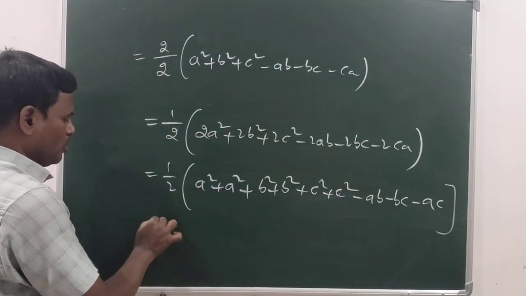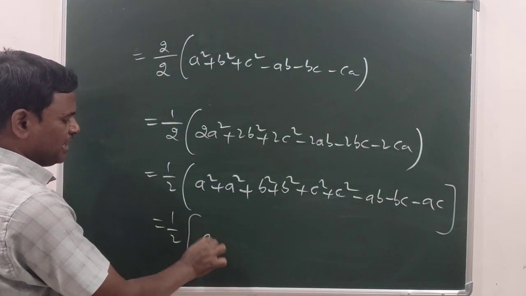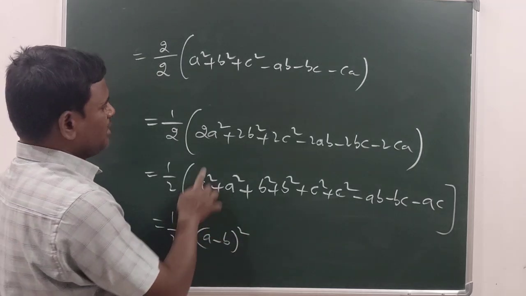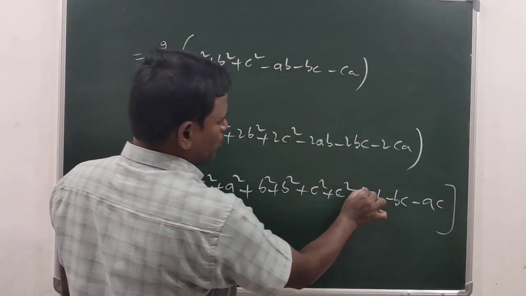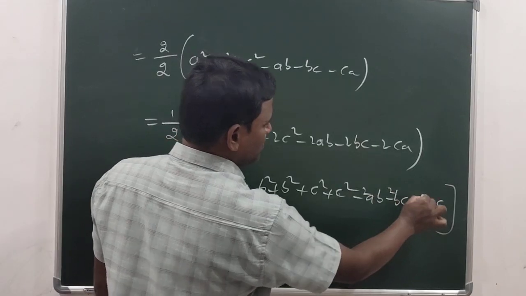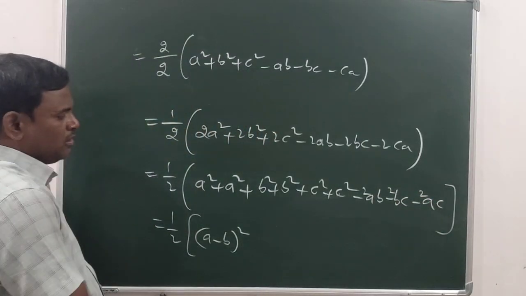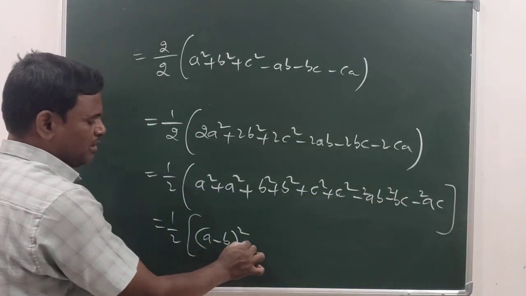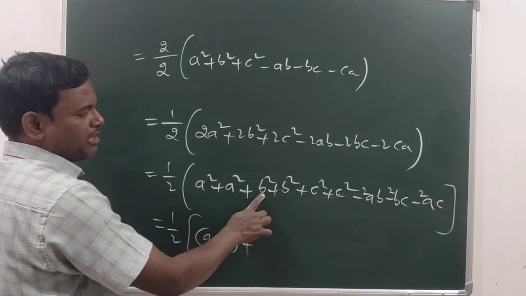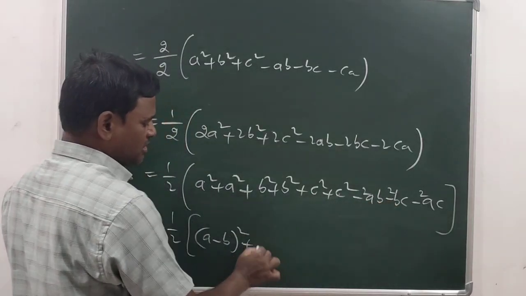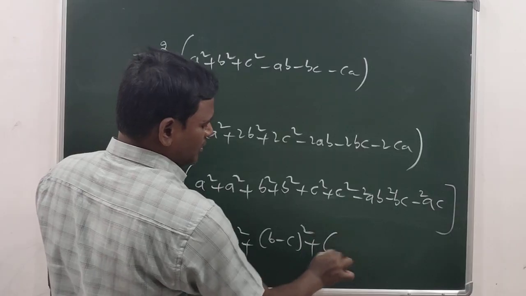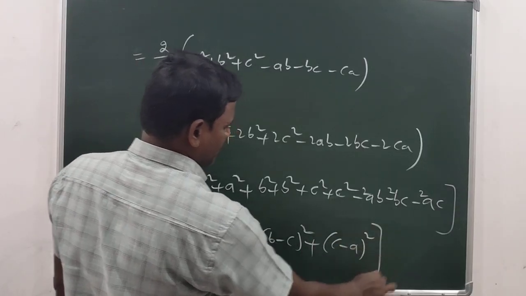This total expression can be written like this, with 2 sent inside, now 2ab, 2bc, 2ca will come. So here a square minus 2ab plus b square can be written as a minus b whole square. In the same manner, b square minus 2bc plus c square can be written as b minus c whole square, next c minus a whole square.